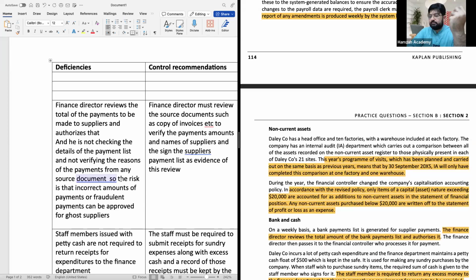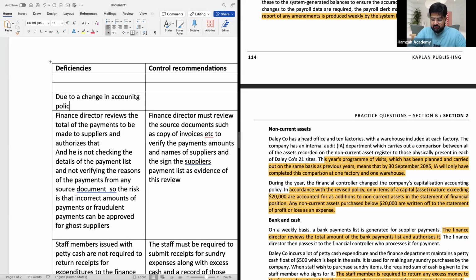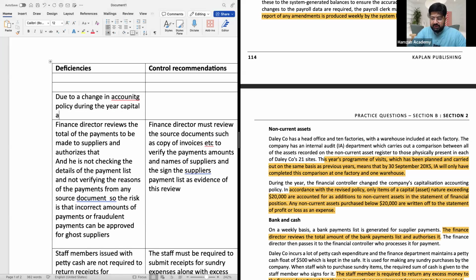Okay, next. Capitalization policy. They have changed it during the year. So an item of $20,000 exceeding, due to a change in accounting policy during the year. Capital items above $20,000 are capitalized.